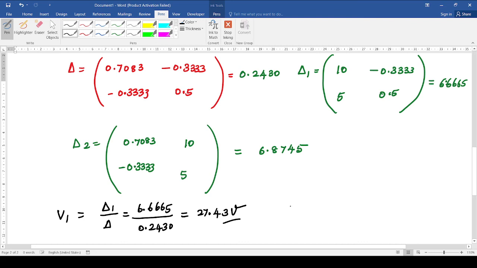And next I am going to find out V2. V2 is delta 2 by delta. That is 6.8745 divided by 0.2430, which is equal to 28.29 volt. These are the voltages obtained from the nodal analysis. Thank you. Have a nice day.